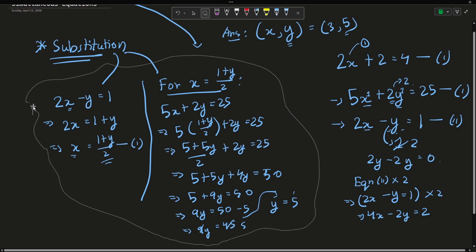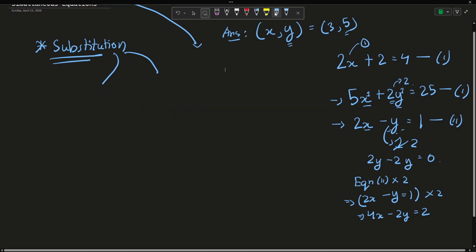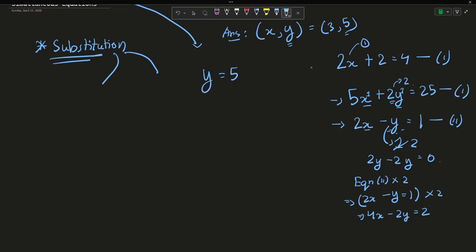Now let me erase this first. So finally I got the value of y is equal to 5. Now this is the same as elimination. I will substitute this value of y into either equation, and just like elimination, both of the equations work. I can substitute the value of y in both.